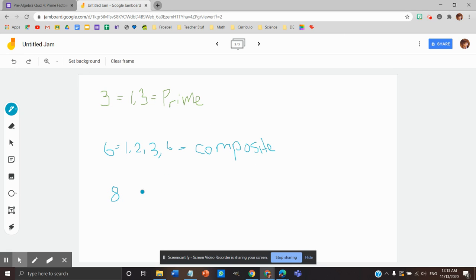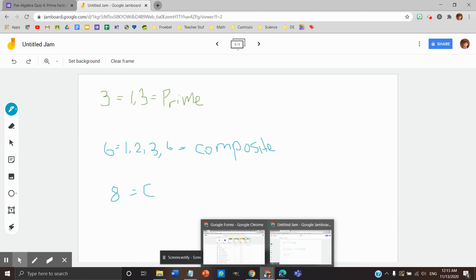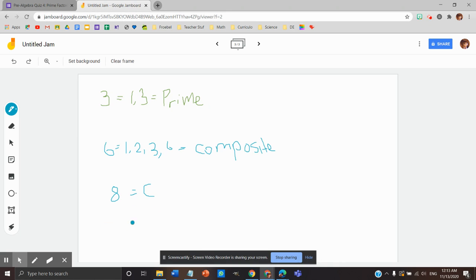You're going to write composite, okay? Now that is a lot for me to write just with my mouse, so I'm just going to put the C as composite. And when you go to your quiz, you're just going to choose the answer between prime and composite. You don't even have to write it down.